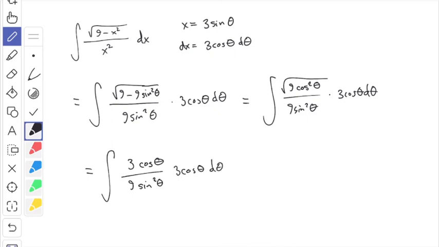Looks to me like all those constants are going to cancel, right? I have a 9 in the denominator, but a 3 times 3 in the numerator, and I end up with cosine squared theta over sine squared theta.